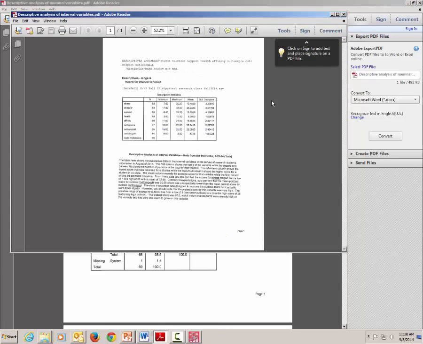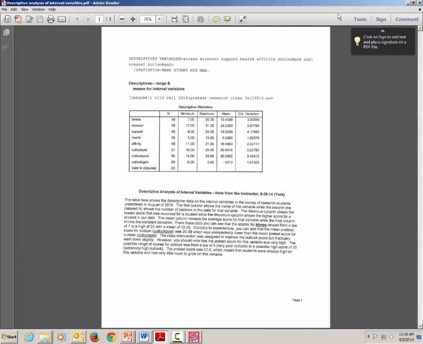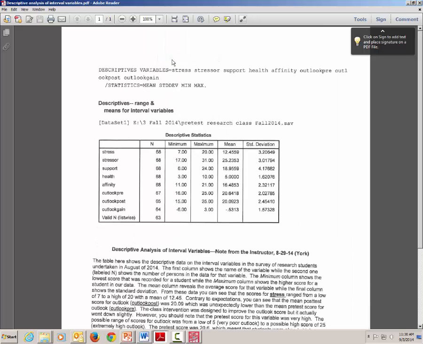The previous were nominal variables. This is an example of a printout of interval variables. Stress was measured. We developed a stress scale that combined several different items from the questionnaire to give you an overall score for stress. So you see the first line says stress. I hope this is big enough to see, but let me make it even bigger.